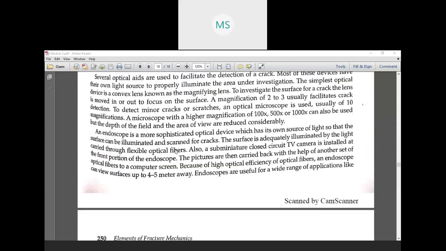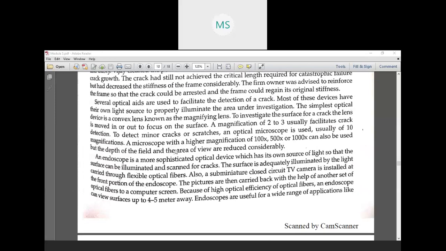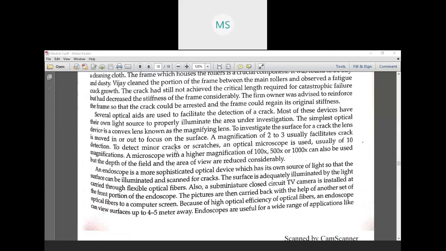An endoscope, okay, for that, if it is not possible, sometimes we use lenses to do the same thing. Optical aids are used facilitating the detection of the crack. Most of these devices have their own light sources to properly illuminate the area under investigation.